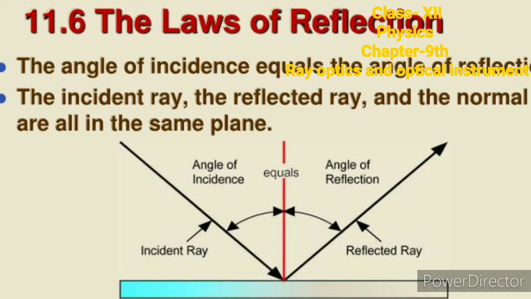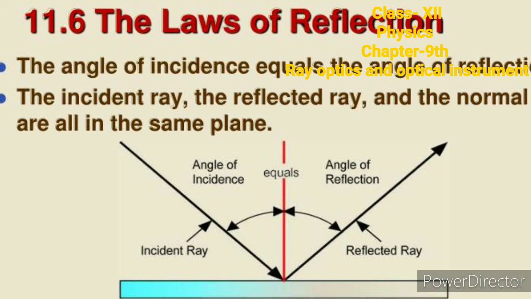Laws of reflection. You all know the law of reflection because we studied this topic in class 10th. Let's revise. The reflection at a surface obeys the following two laws, which are called the laws of reflection.